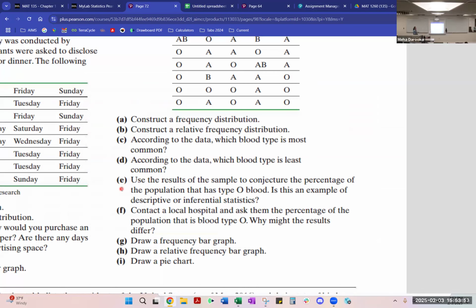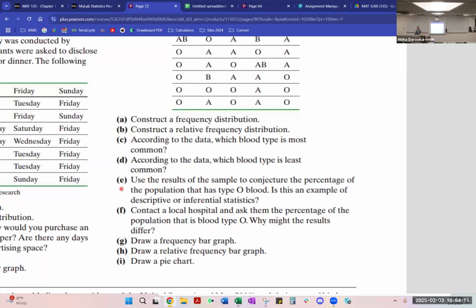Is this an example of descriptive or inferential statistics? So take a minute. I'm looking at question E. Use the results of the sample to conjecture the percentage of the population that has type O blood. Is this an example of descriptive or inferential statistics?